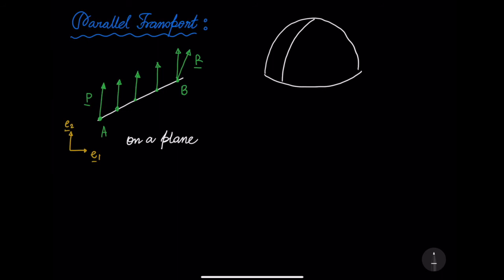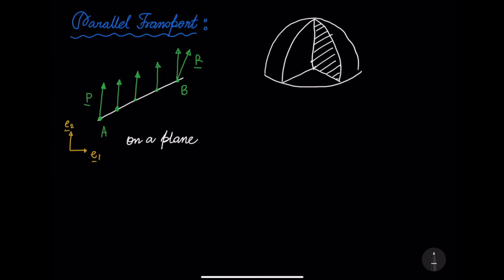This is one of the hemispheres I'm trying to draw here. That gives you some idea of how our brain tricks us to see this as a kind of three-dimensional object. All right.